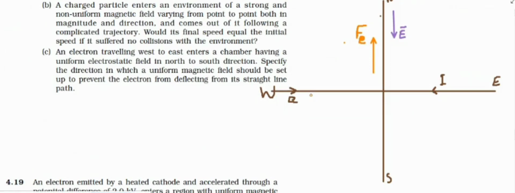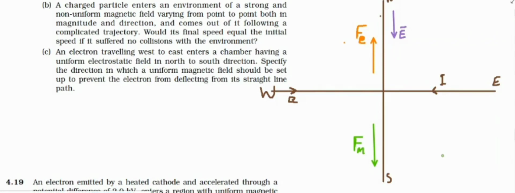Now, we want to keep the electron moving without deflection, which means an equal amount of force must be applied by the magnetic field in the opposite direction. So force due to magnetic field should be towards south.